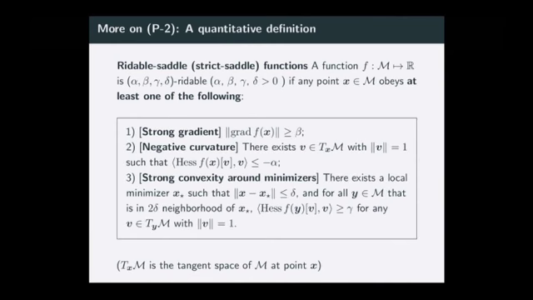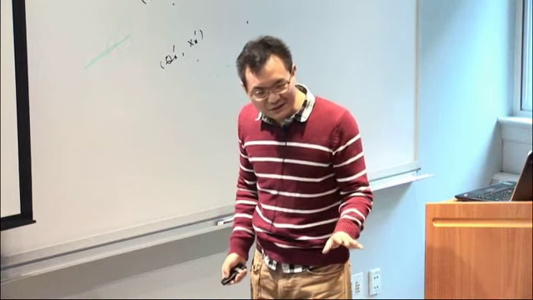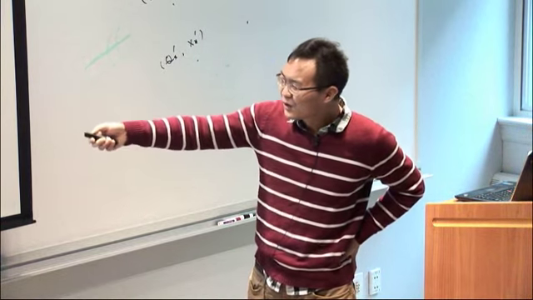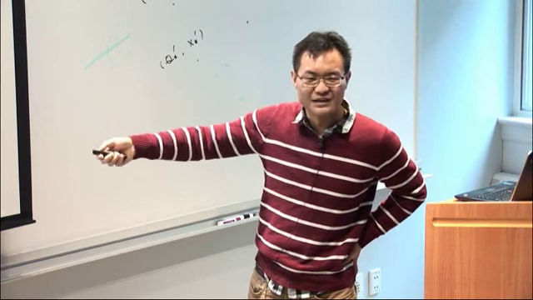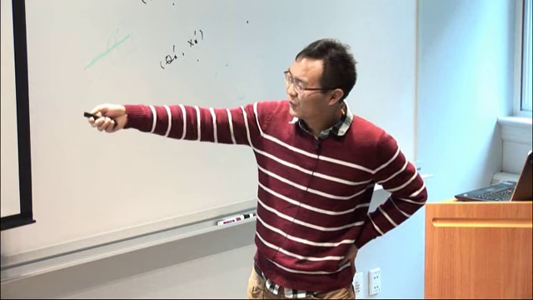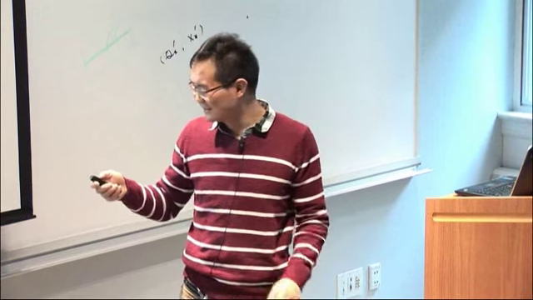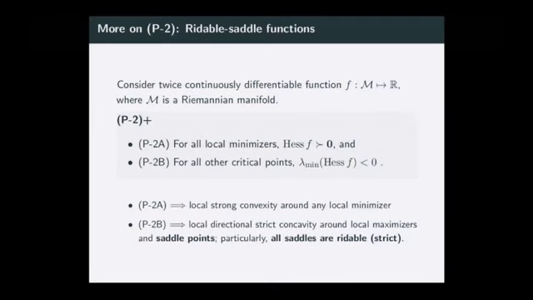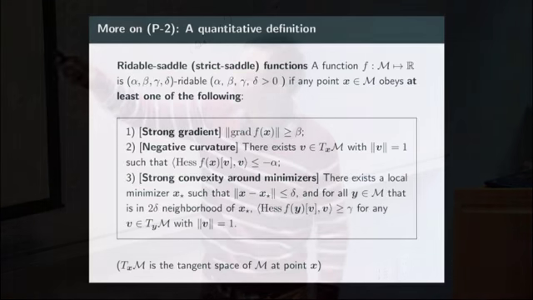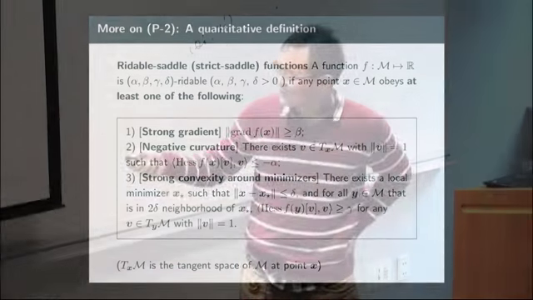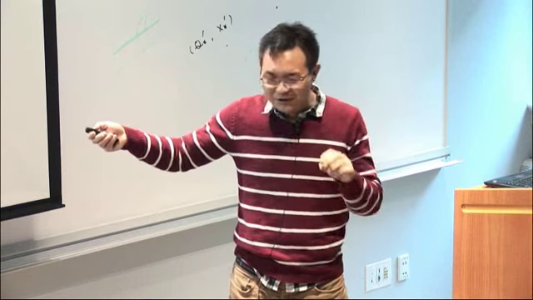So yeah, this pertains to the question you asked. For the purpose of deriving a concrete rate of convergence, we do need some quantitative control on these properties. So what these complicated expressions say is basically a stable variant of P2 and P1. Sorry, this is only pertaining to the writable saddle property. So what it says is that either the gradient is large.